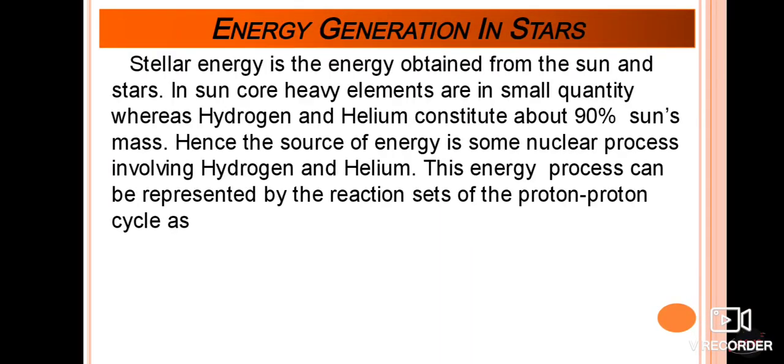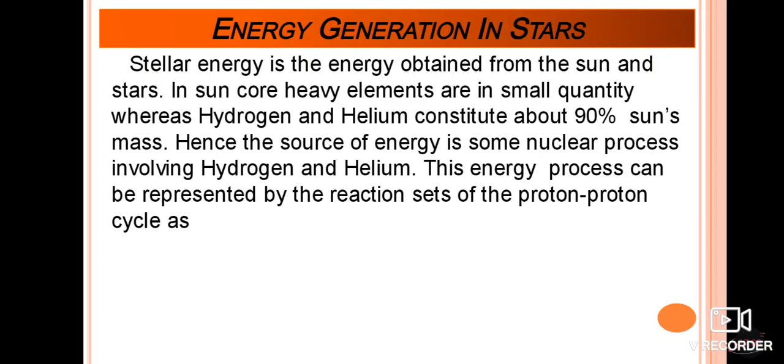Stellar energy is the energy obtained from the sun and the stars. In the sun's core, heavy elements are present in very small quantity, whereas hydrogen and helium constitute about 90% of the sun's mass. Hence the source of energy is some nuclear process involving hydrogen as well as helium.